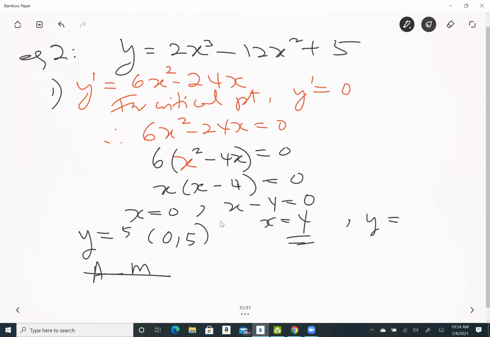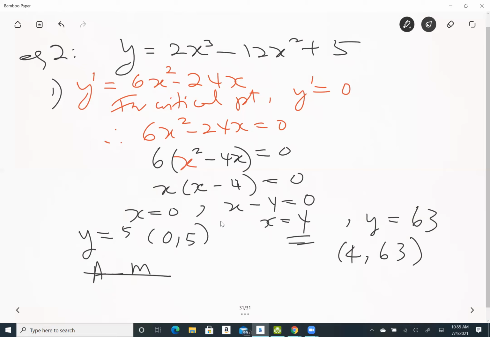Can somebody do it? Get the value? First one, tell me. Sixty-three. Betul, 63. Everybody got 63? Okay, so the second point is 4, 63.